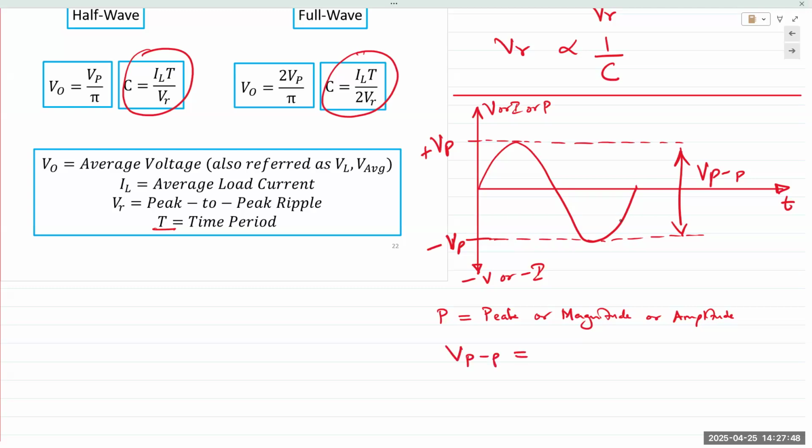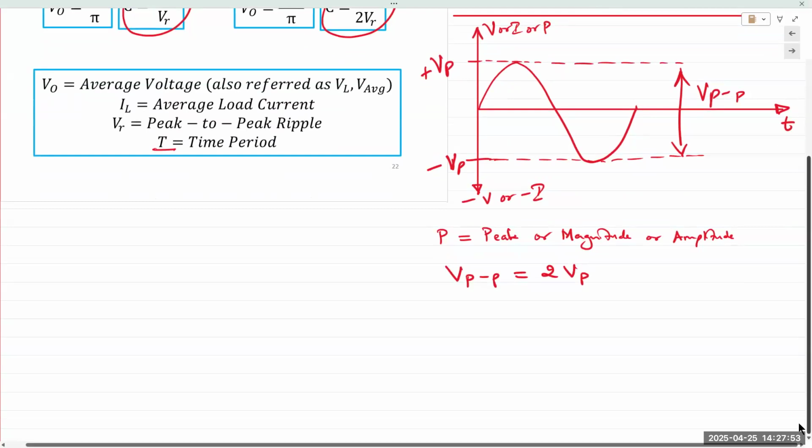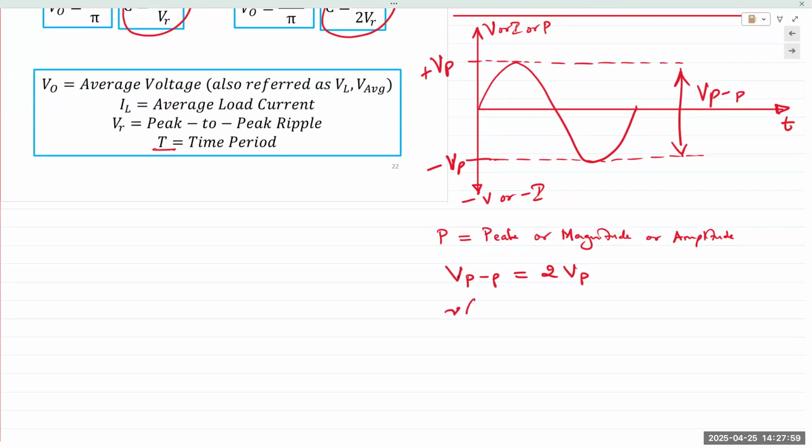Since we are referring to voltage, let's stick with voltage. V peak to peak is 2 times Vp, because it's symmetrical around the x-axis. V of t is also represented where the voltage is a function of time, is Vp sine omega t plus or minus theta.